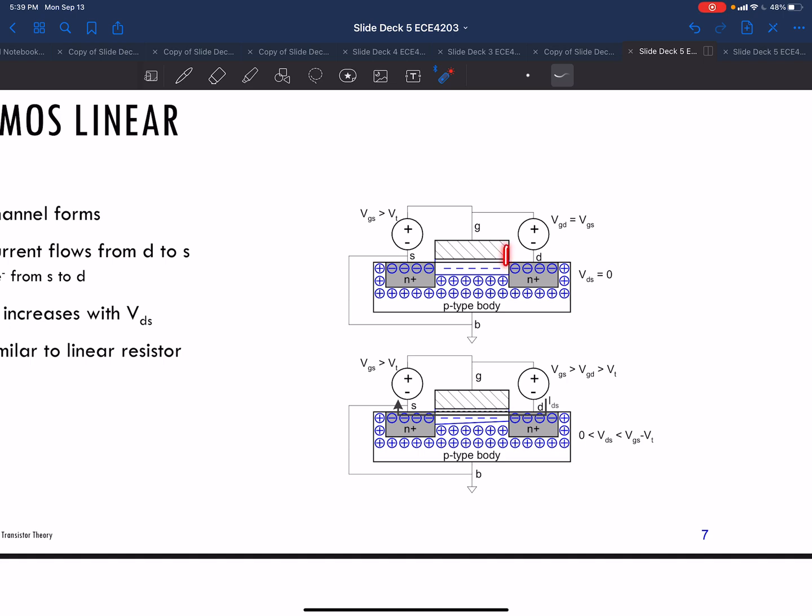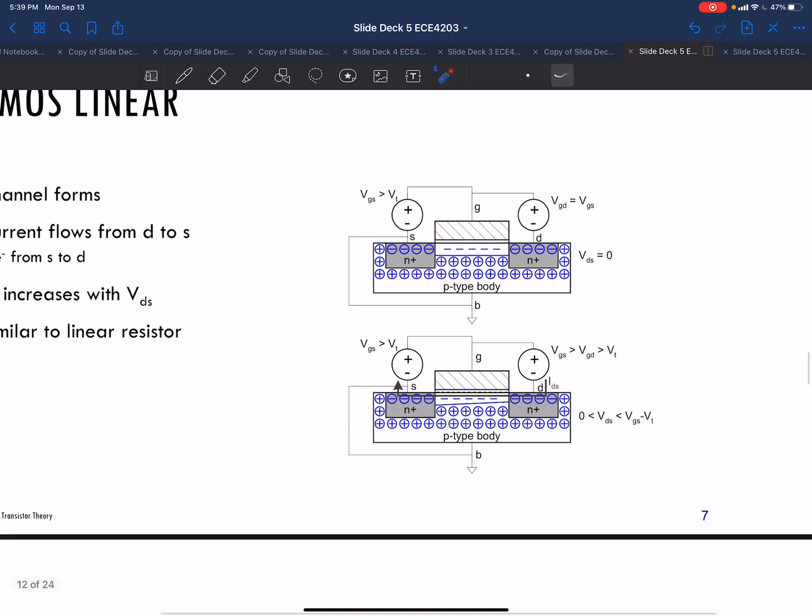The potential here is the gate to drain voltage, because the drain is sitting here. And this is some average value between V gate source and V gate drain. So when V gate drain is equal to V gate source, you have the same potential everywhere.